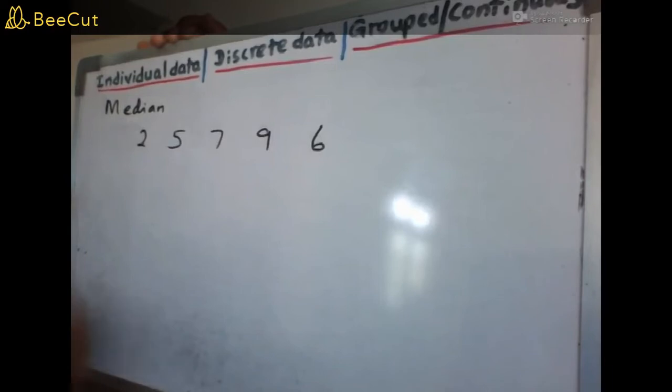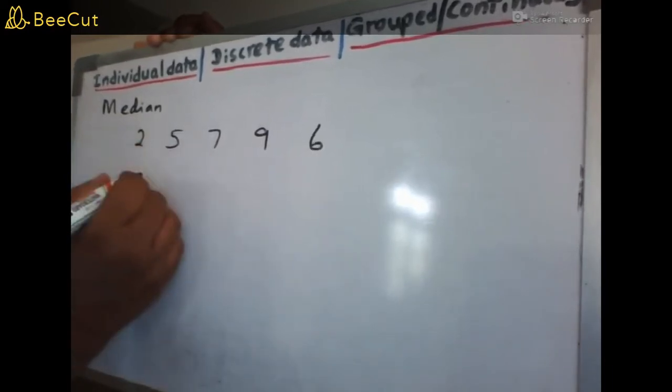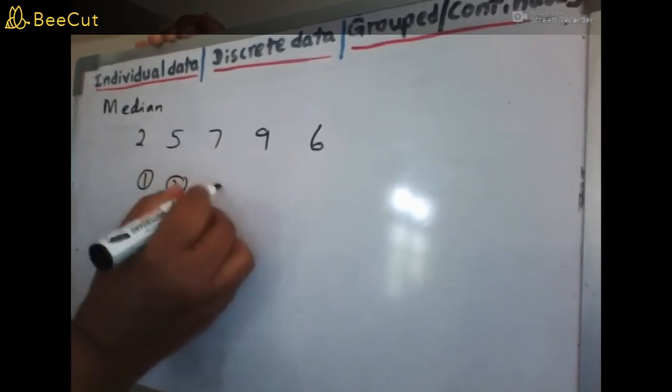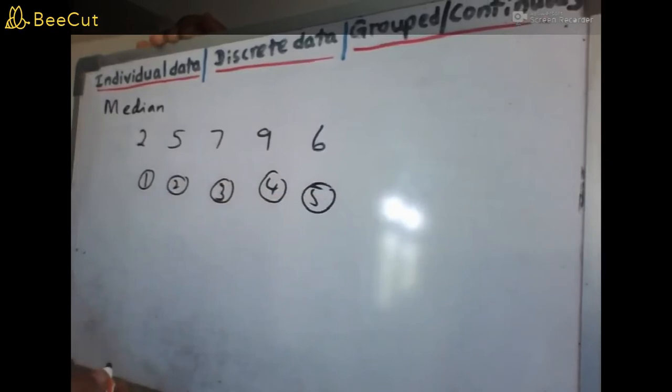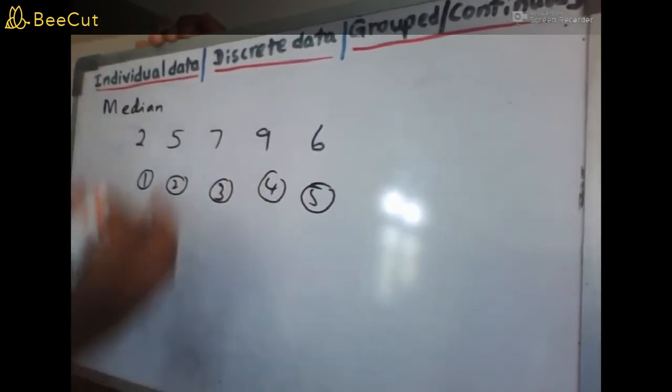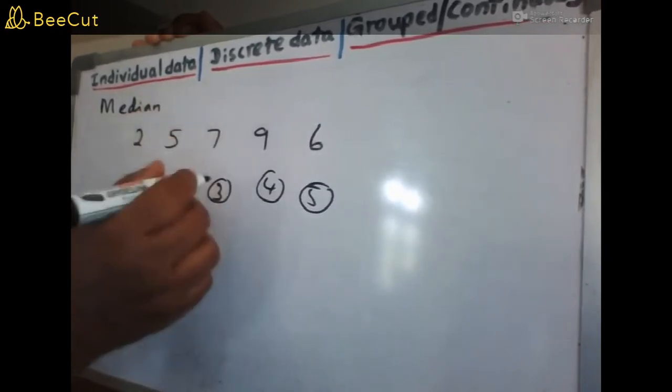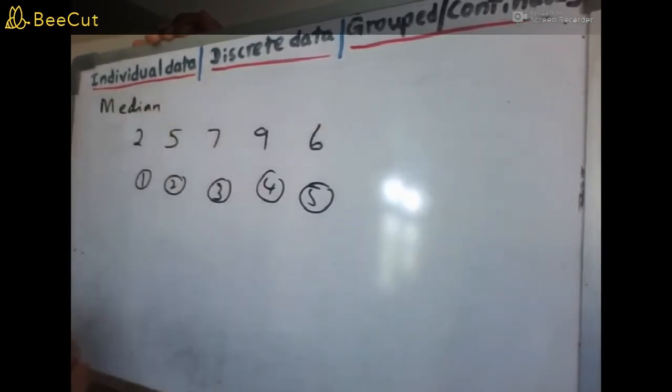We'll number them 1, 2, 3, 4, 5. Now what is the middle place here? By the middle place, the whole series is divided into two equal parts.